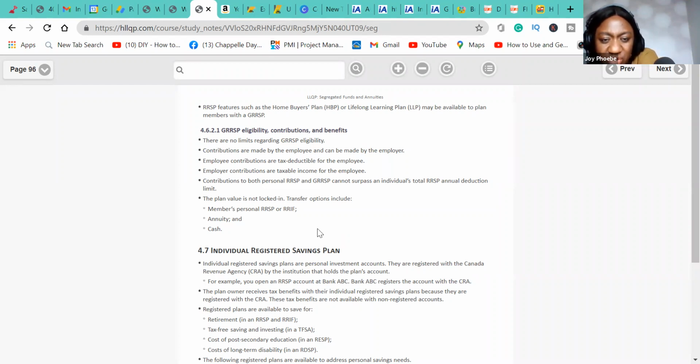Employer contributions are taxable income to the employee. Which kind of makes sense, because employee contributions are tax deductible to the employee, however, the contributions made by the employer are taxable in the hands of the employee. That kind of makes sense.